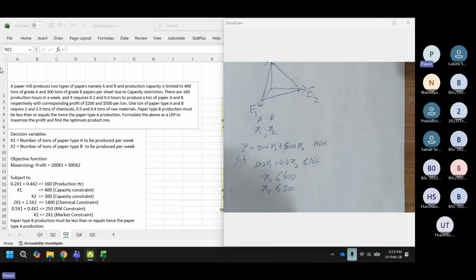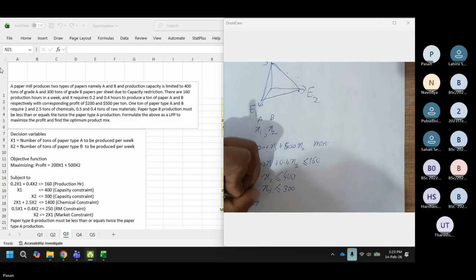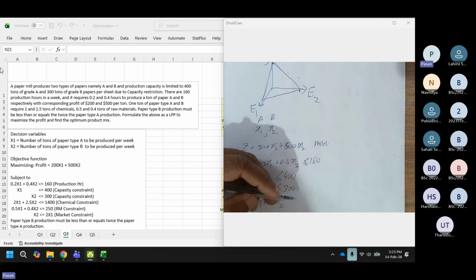Each one we cannot go beyond these two values. And then the chemical requirement, we have 2 and 2.5 for chemicals, and then 0.5 and 0.4 in terms of the raw materials.